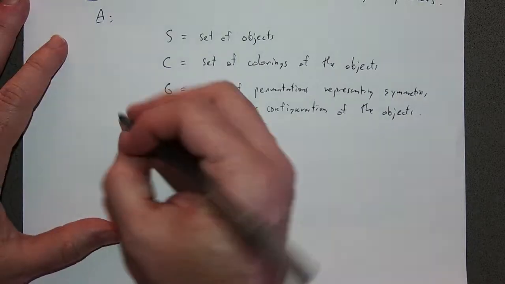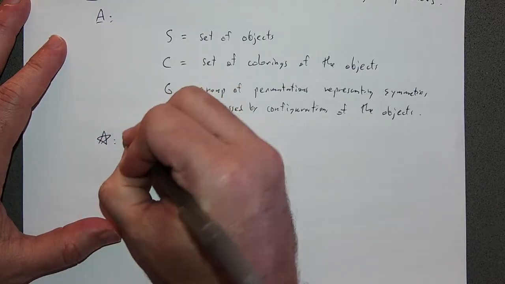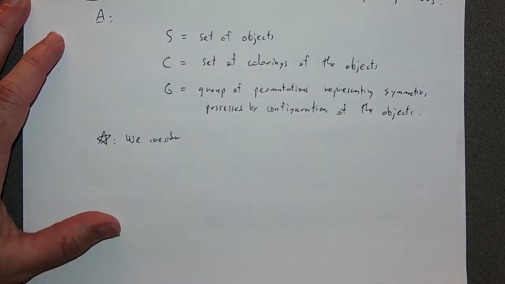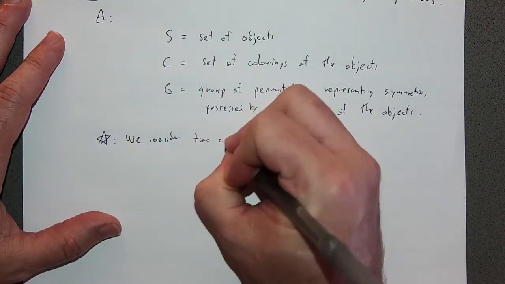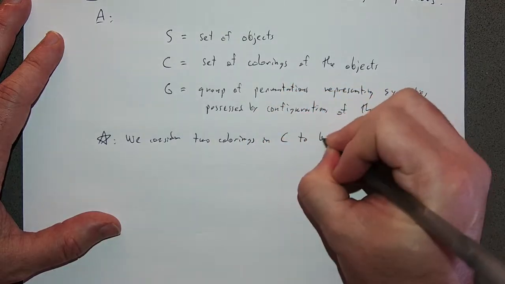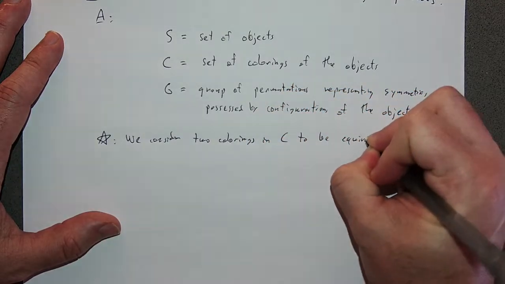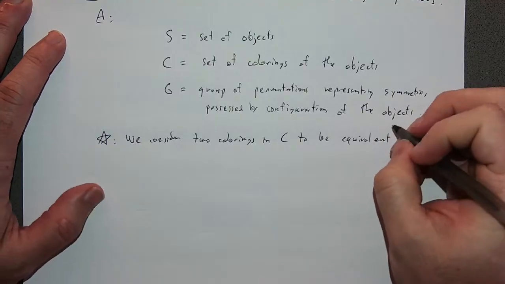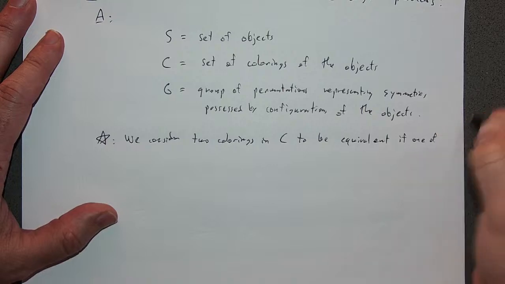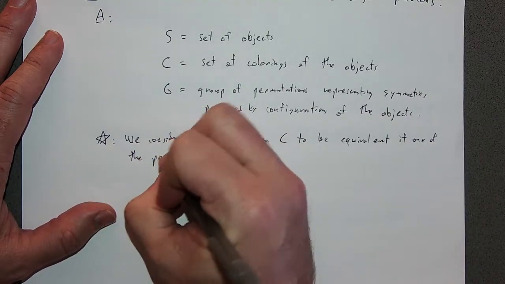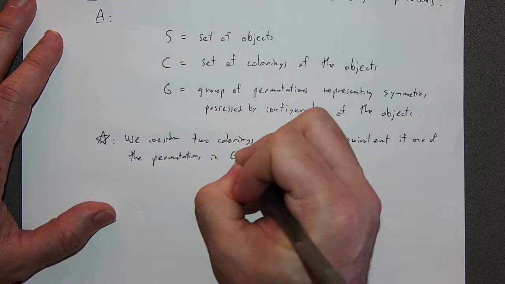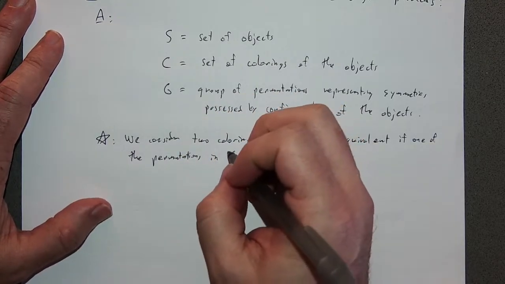So, big important fact, we consider two colorings in C to be equivalent if one of the permutations in G transforms one coloring to the other.